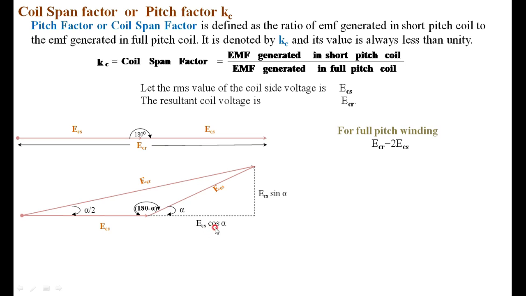What I am getting is ECS cos alpha and ECS sin alpha. Then applying the Pythagoras theorem to this right angle triangle, ECR is equal to the square root of (ECS plus ECS cos alpha) whole square plus (ECS sin alpha) whole square.